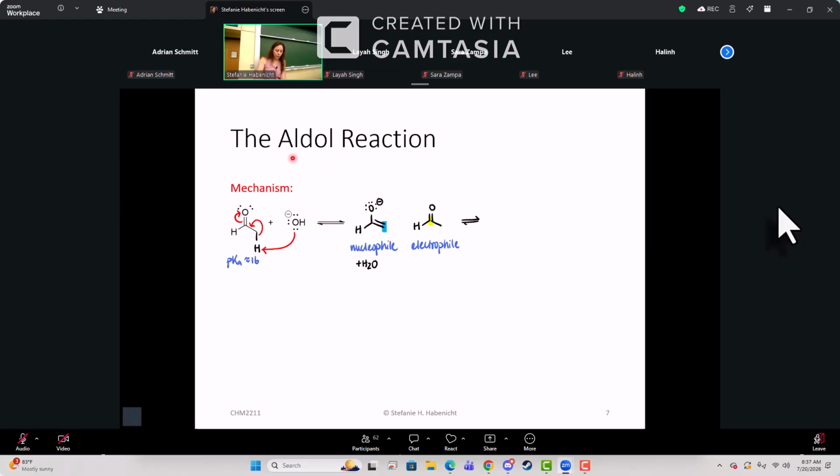So one of our enolate anions acting as a carbon nucleophile will add to an aldehyde molecule by attacking the respective carbonyl carbon. So this right here is where our addition first happens. We're adding the enolate anion to an aldehyde.